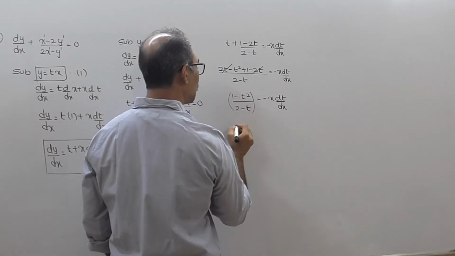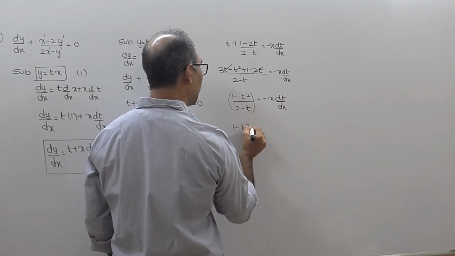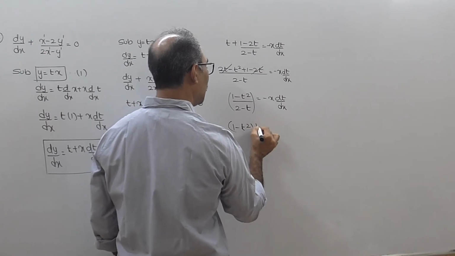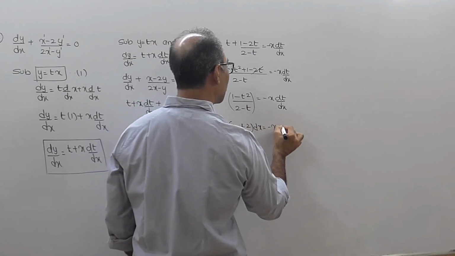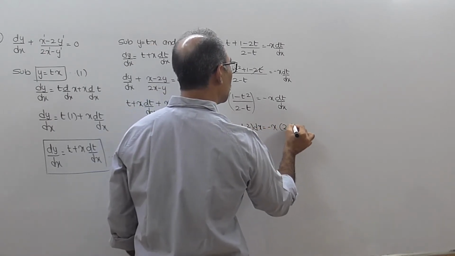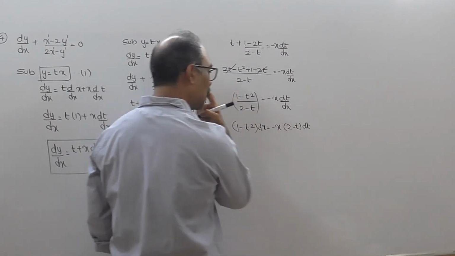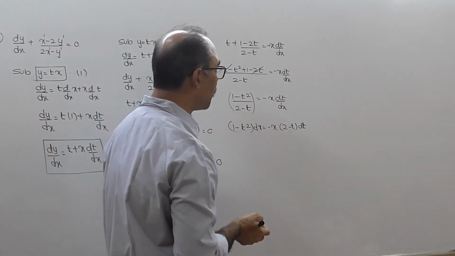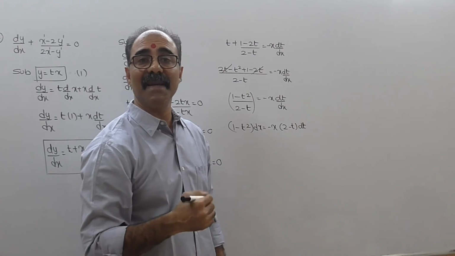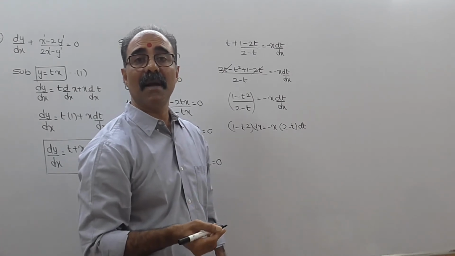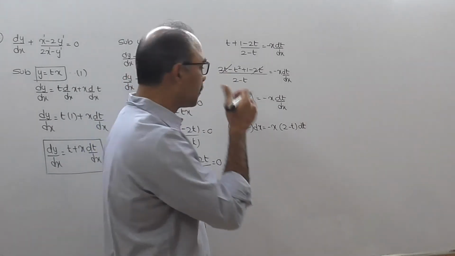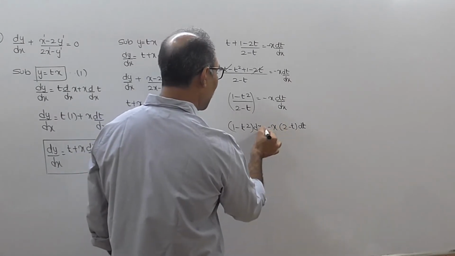Now what you do is cross multiply that dx. You get (1 minus t square) into dx equal to minus x into (2 minus t) dt. Now we are concentrating on the grouping part. Grouping part means with dx you write x, and with dt you write all the t terms. So I'll get that x here.